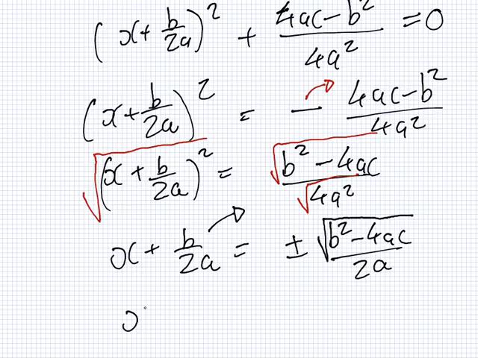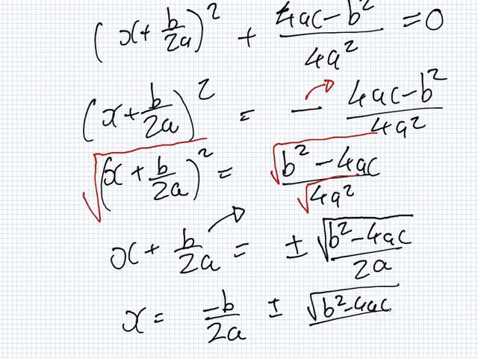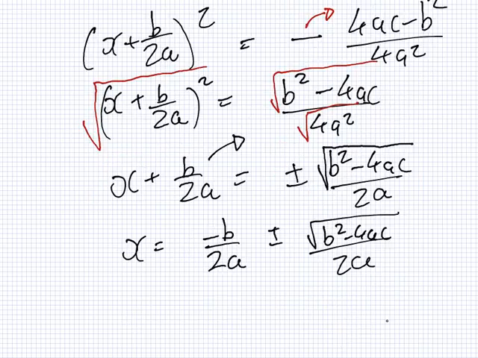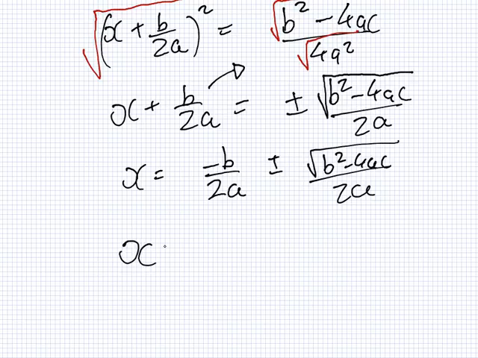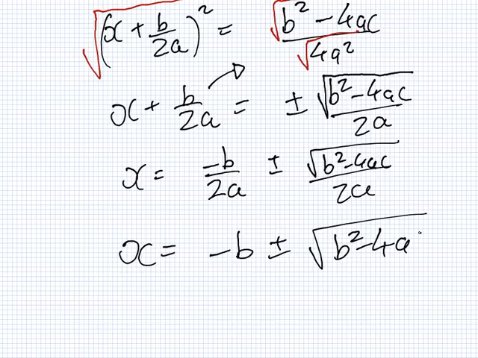So I'll get x equals minus b over 2a plus or minus square root b squared minus 4ac all over 2a. And then finally, because the 2a is a common denominator, I can say x equals minus b plus or minus square root b squared minus 4ac all over 2a.